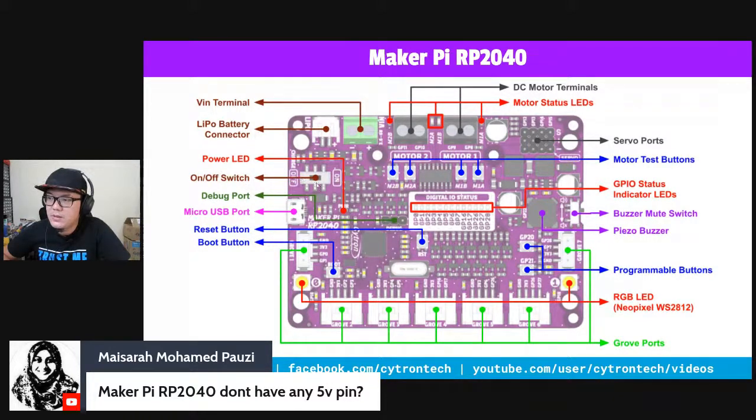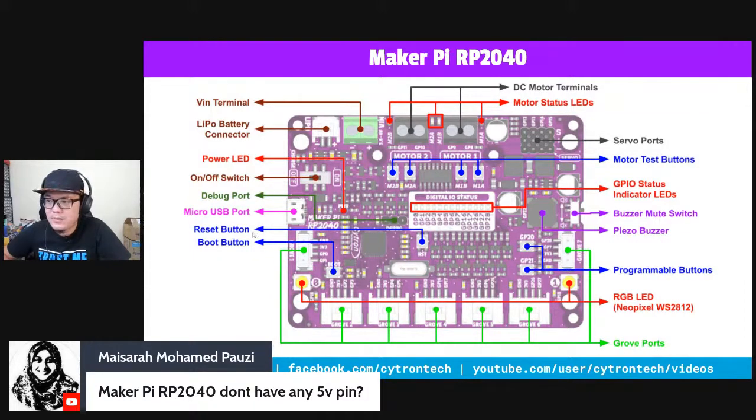on-off switch, debug port here, micro USB port. Okay, micro USB port, you can use it to charge the LiPo battery. If you are not using the LiPo battery, you can use it to power up the board and also to program the board.